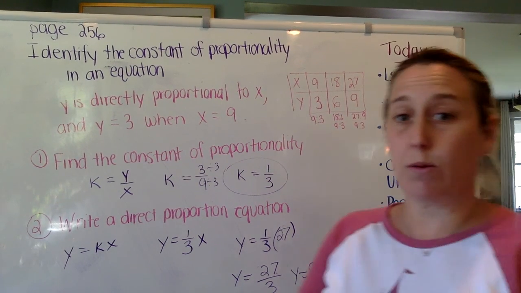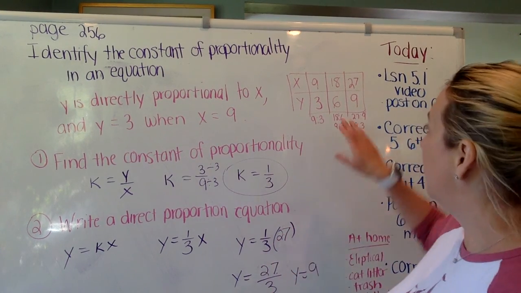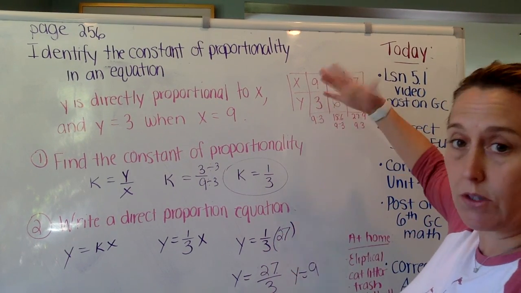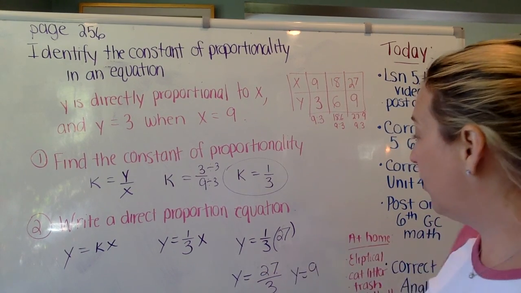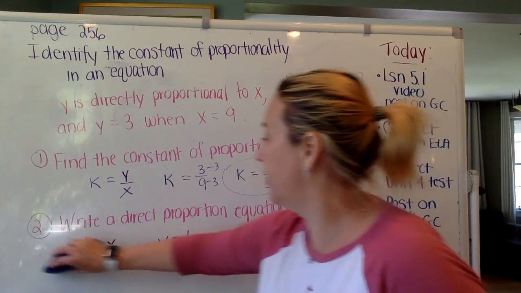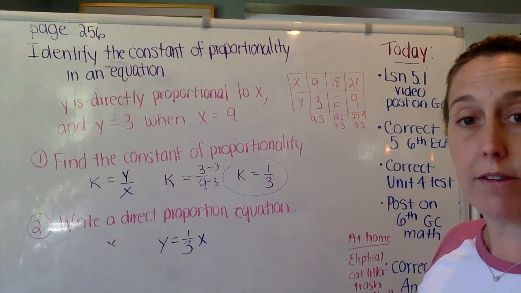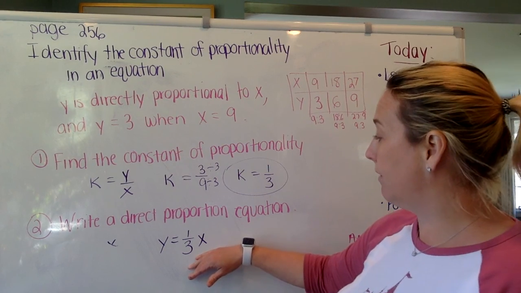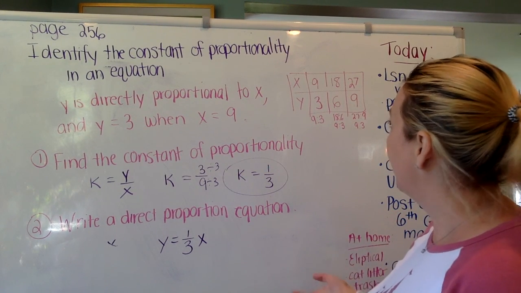So this was added. It isn't even part of what the book's necessarily requiring you to know. But what I'm hoping that you're starting to see is just the relationships in a direct proportion. Once we had this formula, y equals 1/3 x, for this problem, I could go and fill in the rest of my table using this information. So the constant is going up 1/3, right?